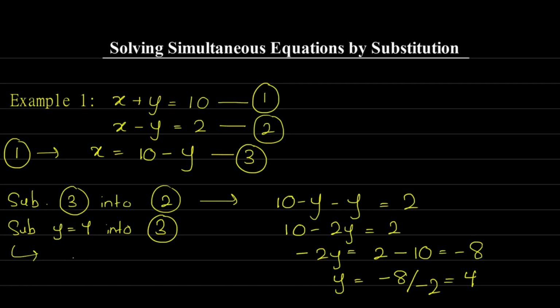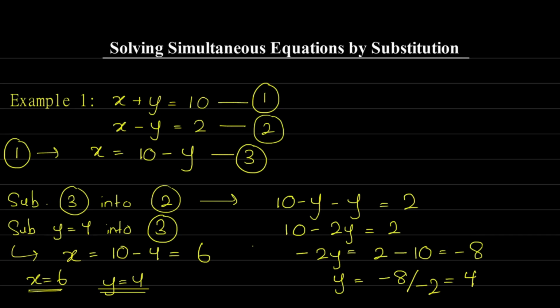And that gives us x equals 10 minus y. So y is equal to 4, so we write 4 there. And therefore, x is equal to 6. Therefore, we have x equals 6 and y equals 4.